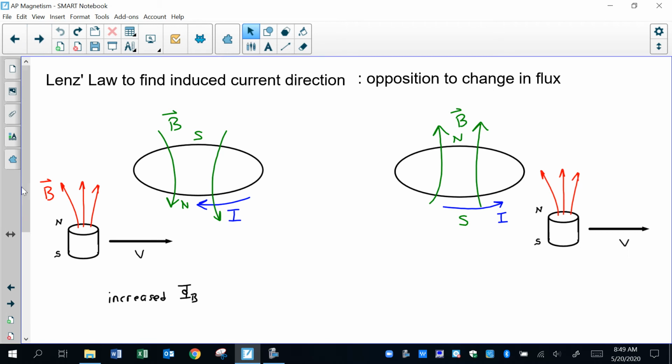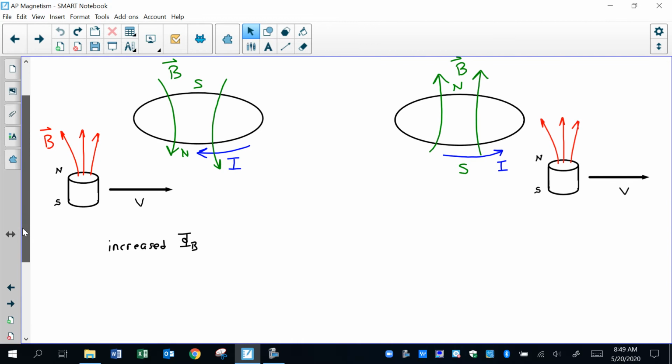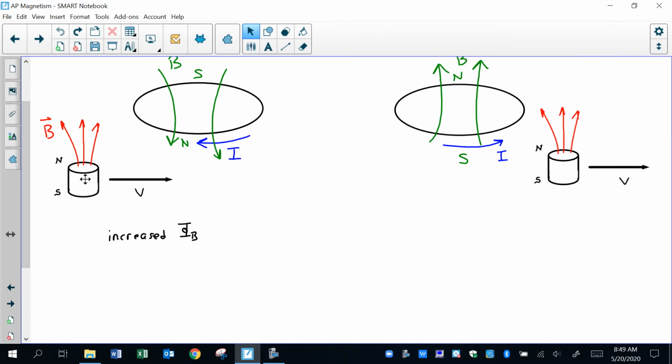All right, so we literally just talked about this. So here in this one, if I have my magnets moving in this direction, I'm going to have an increase in my flux, right? So if I've got all these three arrows, are they connected? They are. All right.